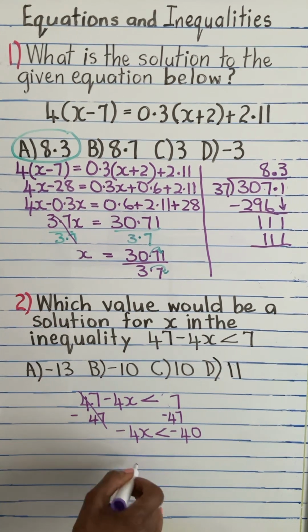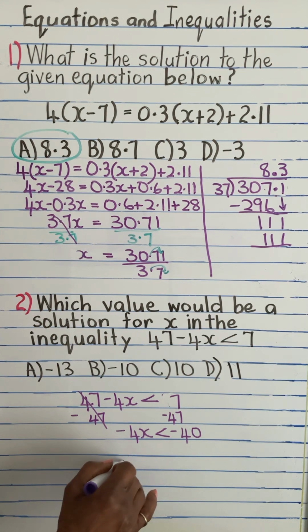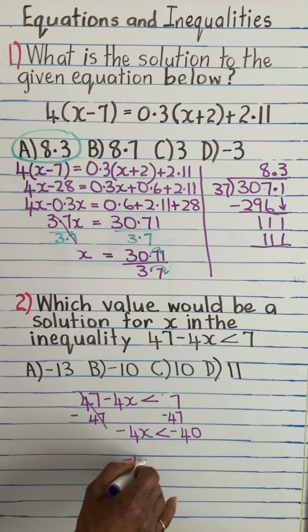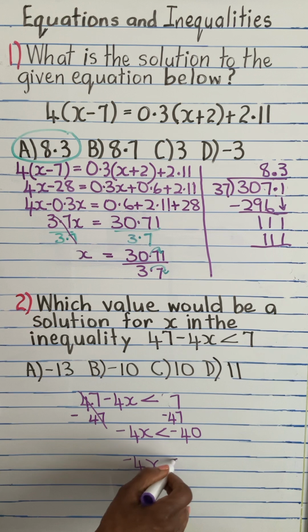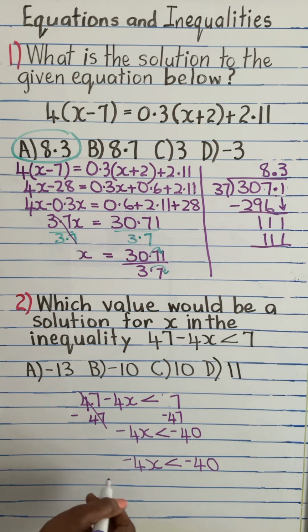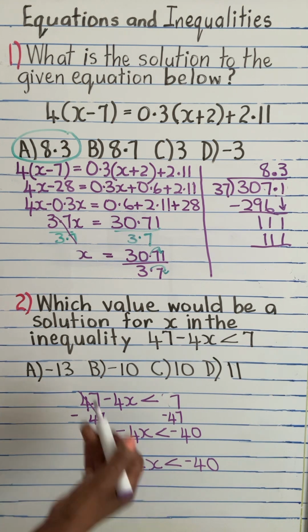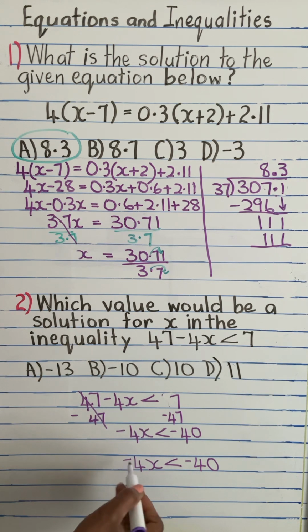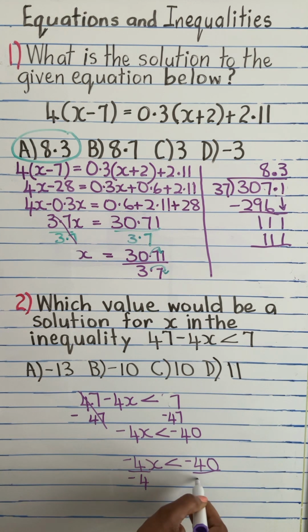Let's write this out again so we can see it more clearly. Negative 4x is less than negative 40. So we're going to divide by negative 4, divide by negative 4.